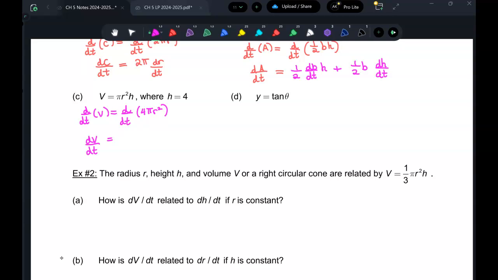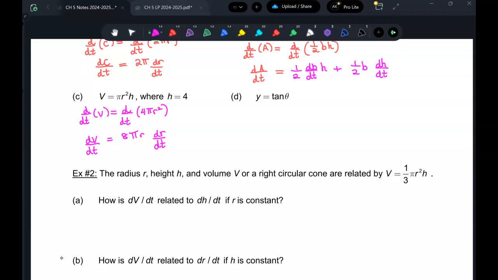So it's 8 pi r dr dt. The 2 goes to the front, so 2 times 4 pi would be 8 pi r to the first. Remember, we still have to apply that power rule. So r squared becomes r to the first times dr dt.